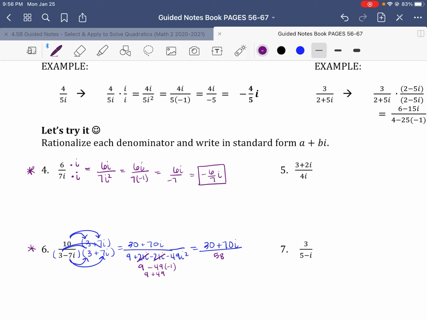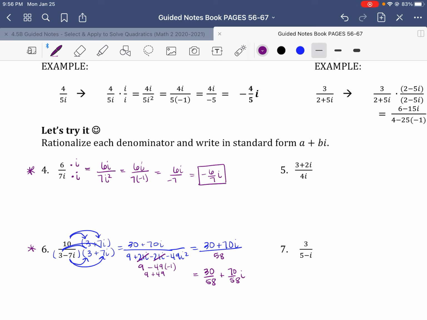Now in writing our final answer, we are going to generally split that up. So this would be like 30 over 58 as our real part, plus 70 over 58i as the imaginary part. And then I believe those fractions will simplify.